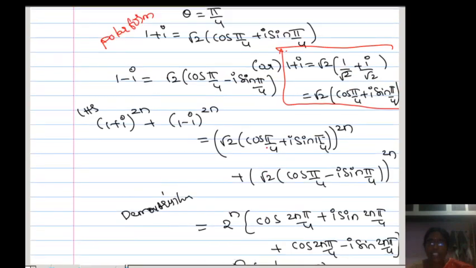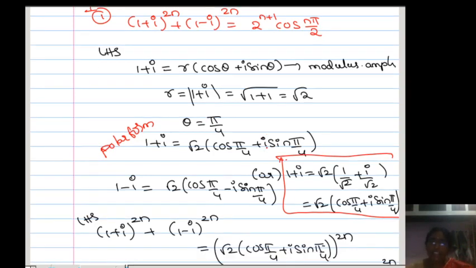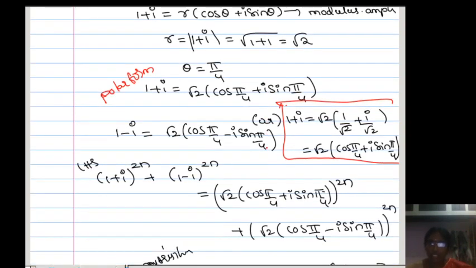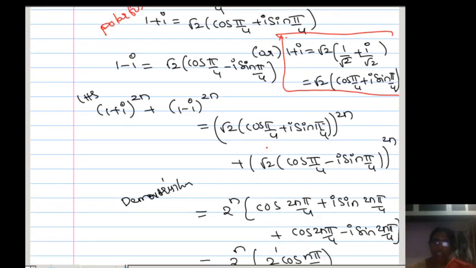What I have done here, just like the solved problem, is write it into polar form, that is modulus and amplitude, by multiplying and dividing by its root modulus. Otherwise, write the polar form as we usually did in the first chapter, complex numbers. By that concept, first I wrote it into polar form, r into cos theta. Then I am applying De Moivre's theorem here.